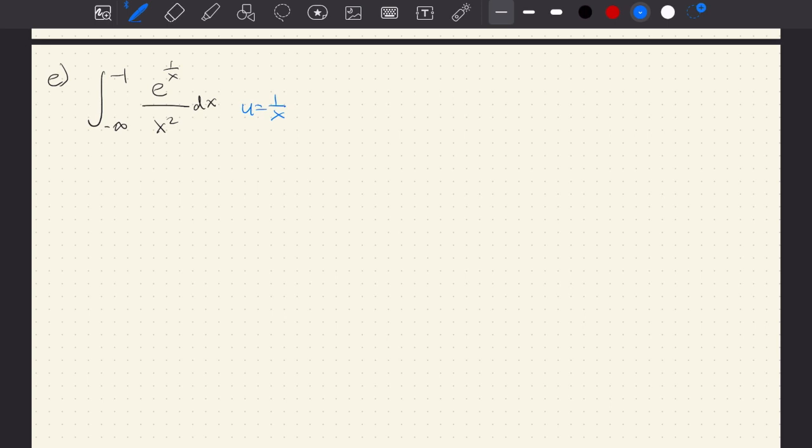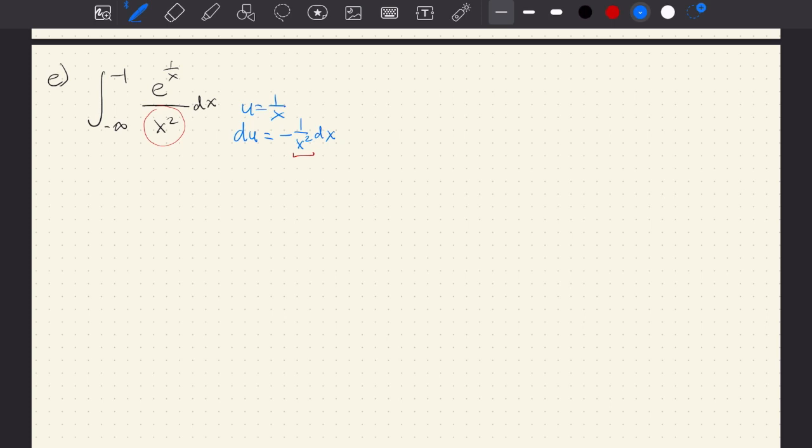When u equals 1/x, then du should be equal to -1/x squared dx, because you have to differentiate 1/x, right? And you can see that 1/x squared is actually here, okay? So this actually works. So we're trying to use this u substitution to get our result.